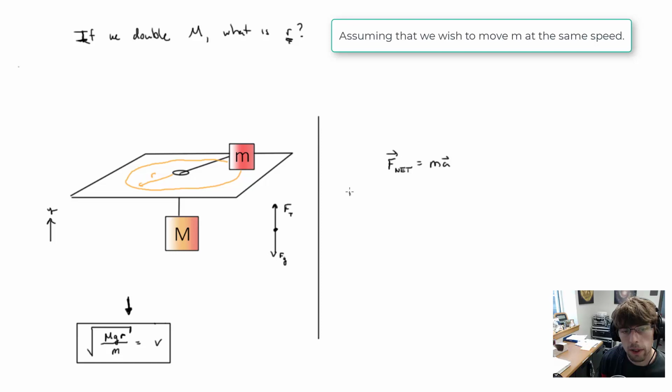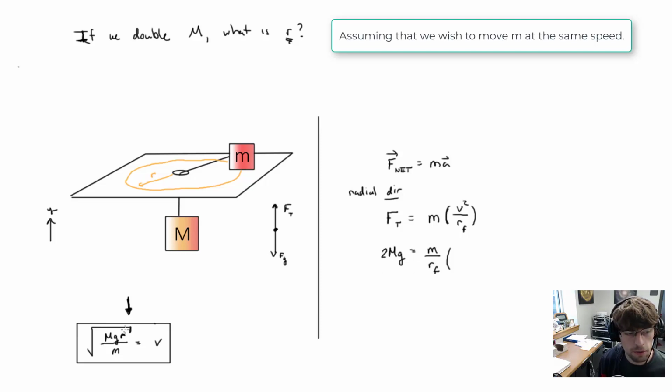And again, taking the radial direction, we have our tension force, F_T, is equal to m times v squared over r. And I'll call this one r final. Over here now, remember we doubled the mass, so we have 2Mg equals m v squared over r final.